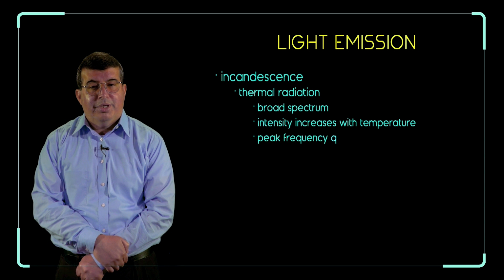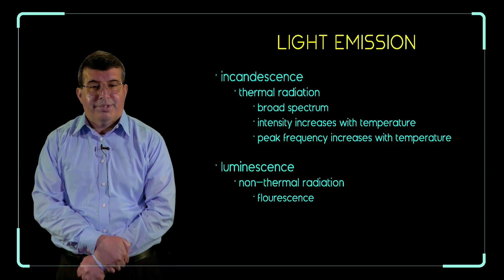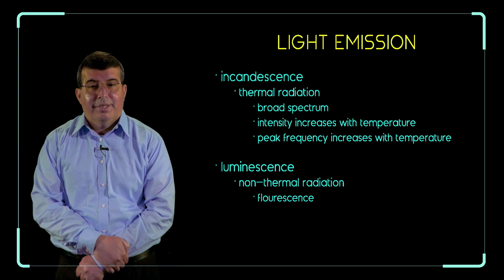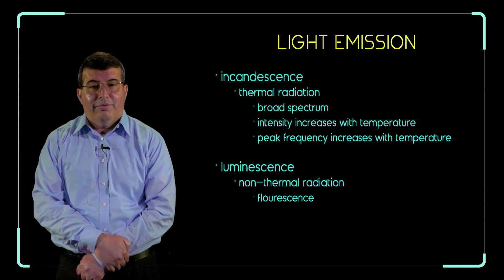So that's incandescence. The other type of light emission is luminescence or non-thermal radiation. One type of luminescence would be fluorescence, which is the process by which fluorescent light bulbs give off their light. One property of fluorescence is that it gives off light in spectral lines.